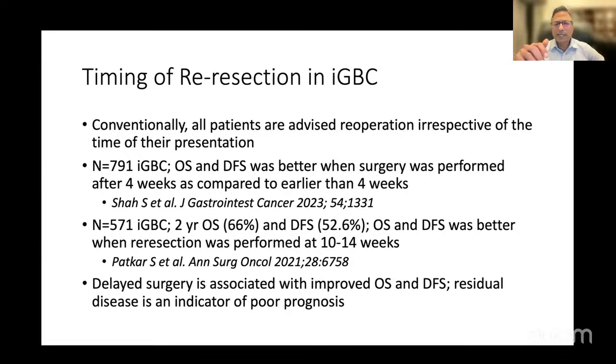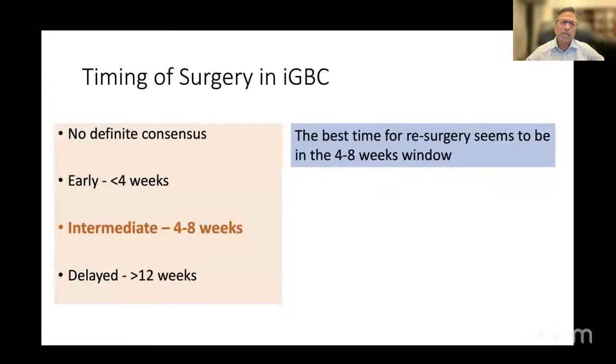But as I said, it is not prudent to wait this period and just wait for things to evolve. So as and when the patient presents, it may be a good time to do a reoperation, barring any reasons where you don't want to operate at that point of time.